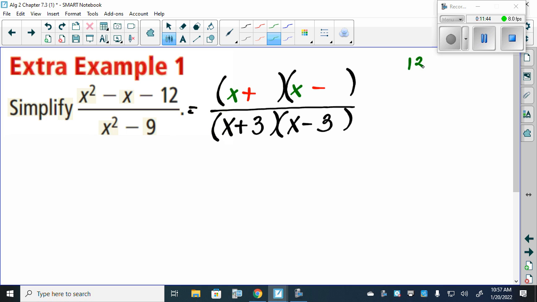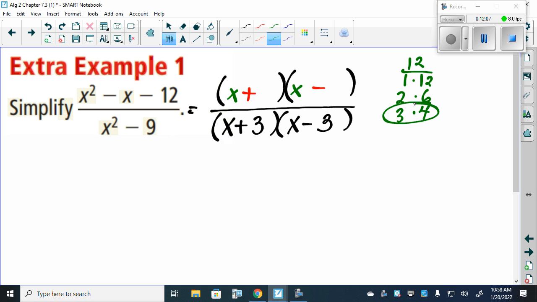Well, again, we're looking at the factors of 12, which are 1 and 12, 2 and 6, or 3 and 4. Well, we need one of these to have a 3, so we're looking at 3 and 4. And it does work out that 4 minus 3 is 1, or 3 minus 4 is negative 1.